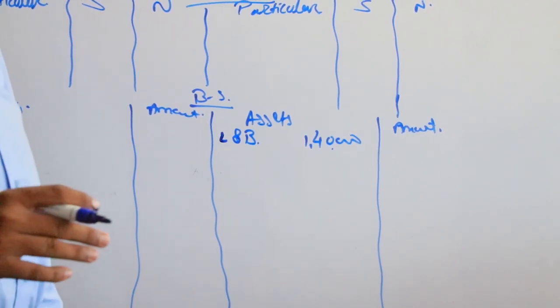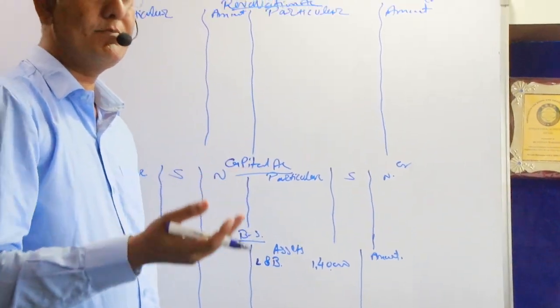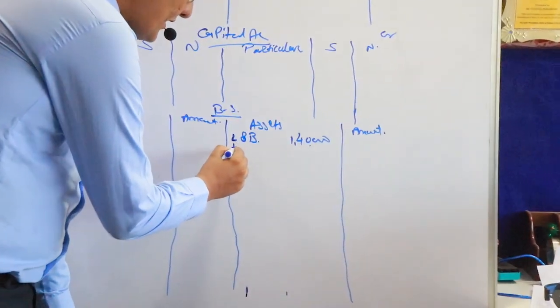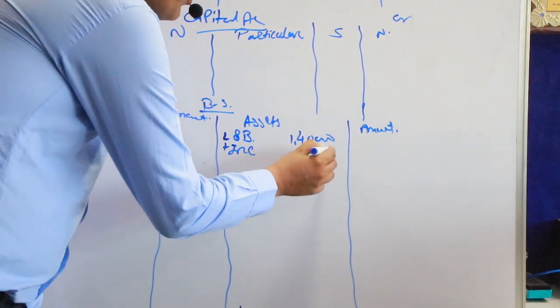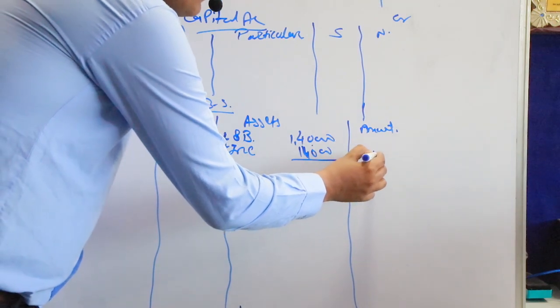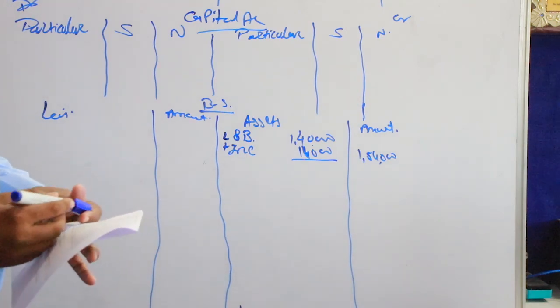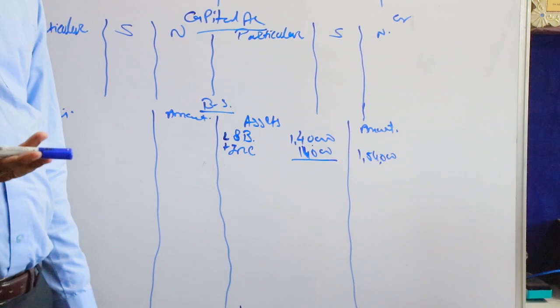Now, what is the adjustment? The adjustment is that the value of land and building is increased by 10%. Increase means plus करेंगे. So here increase how much? 10%. 10% means 14,000. So here the amount should be 1,54,000. Now value of land and building is increased, so it's a profit for us.